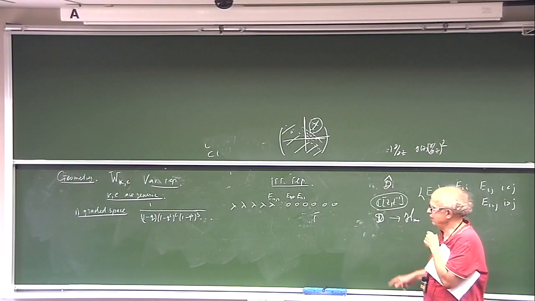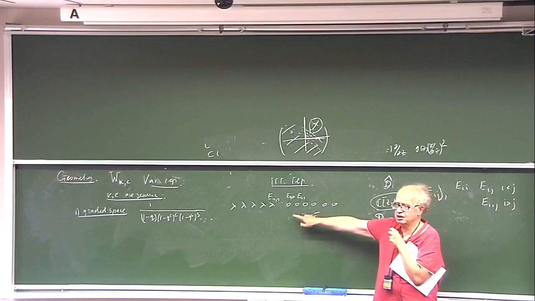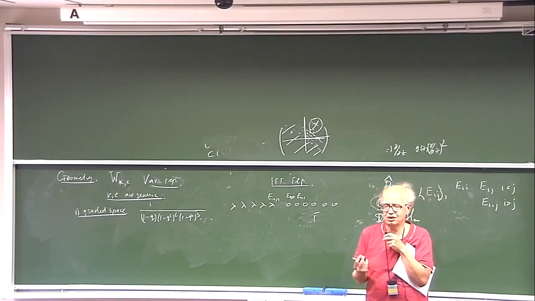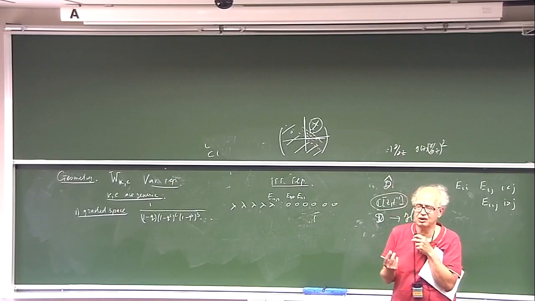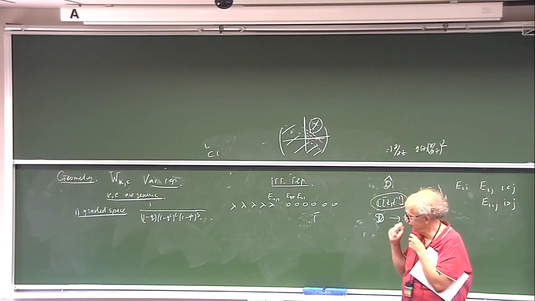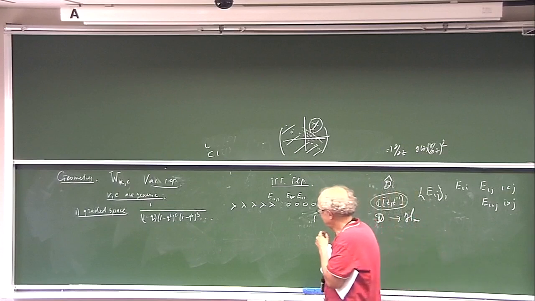So if you actually want to determine how this infinite sum acts in this representation, you get a central extension. Really, this algebra is acting, but with some anomaly, some correction, which is simple, and you get the central extension.